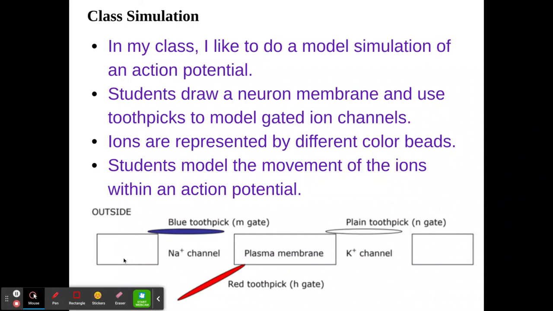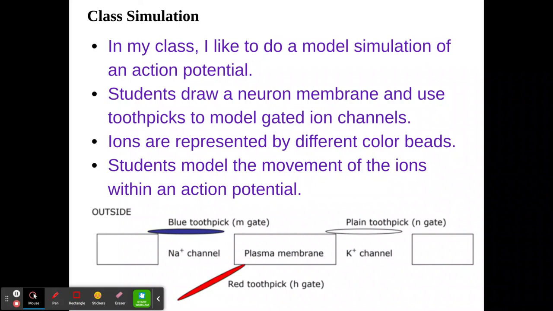I would have them do the phospholipid bilayer, but just to save time, I give them this as kind of a model. They're going to have a couple different colored toothpicks, again, just for the couple different ion channels that we focus on, the sodium and potassium gated ion channels. So the gates are symbolized by these toothpicks. So they're going to have to physically open and close those gates.